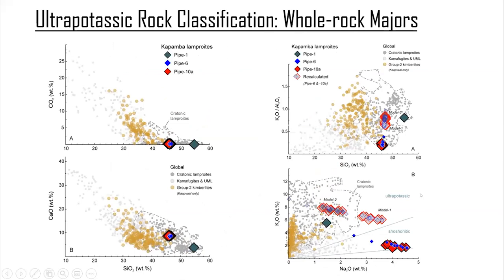Again, looking at the whole rock composition of Kapamba lamproites, we can see that as they are virtually free of carbon dioxide, they contain quite a significant amount of calcium, as shown here, but both still classify as Tectonic lamproites.